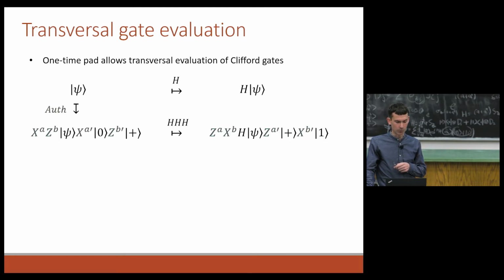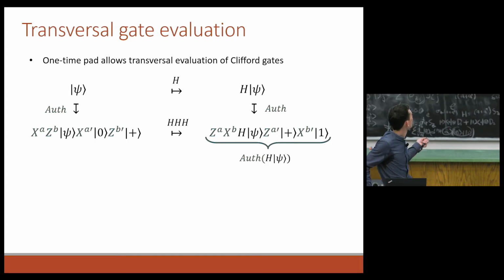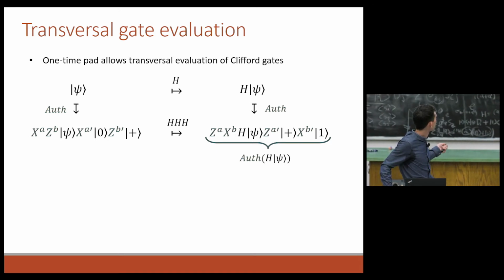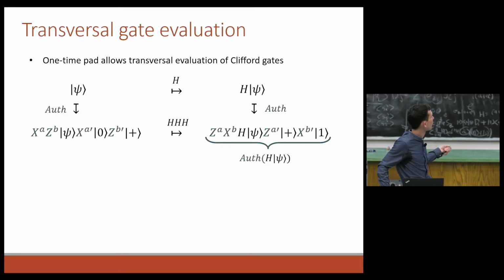Oh, I'm sorry, this is just a picture. Sorry, I forgot about this picture. It's just saying that if you want to apply an H on the clear qubit, you can do that transversally on the authenticated qubit because you just apply it everywhere, and on the computation qubit, because the device doesn't know how they're permuted, right?